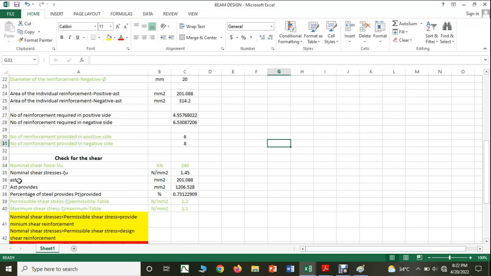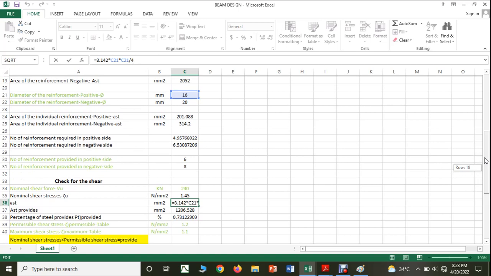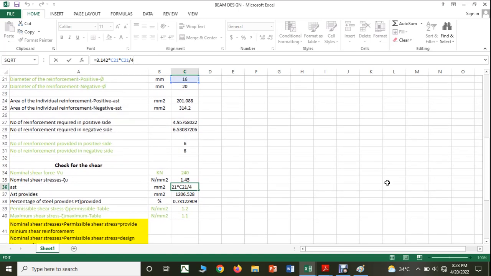Now I need the value of Ast. Small Ast, that is the area of the one steel, 314. What is C21? C21 is the diameter of the reinforcement, positive, that they have taken.